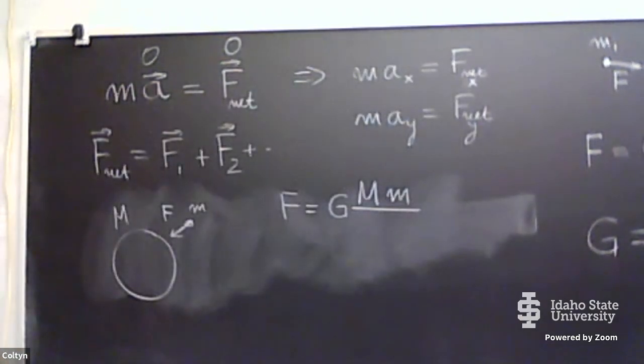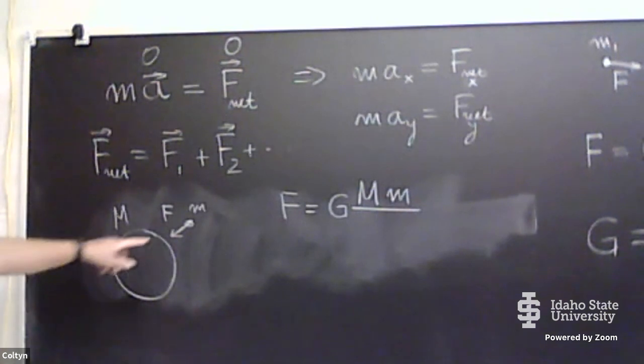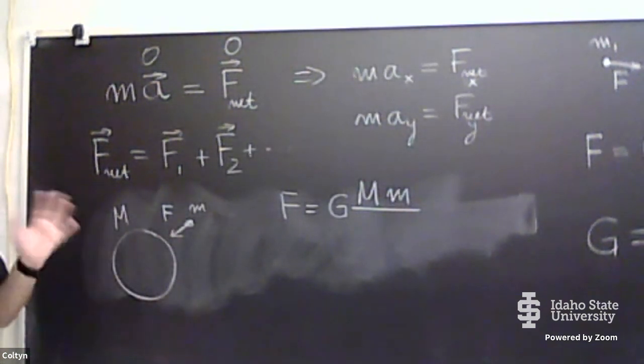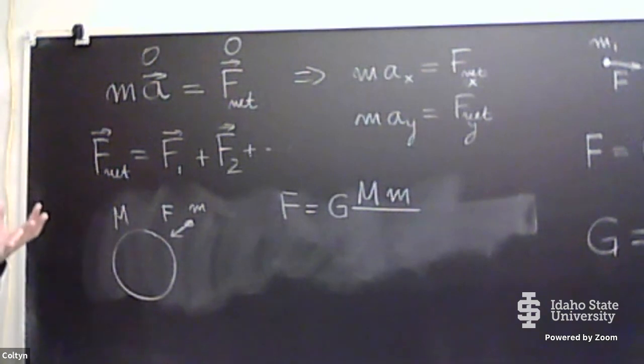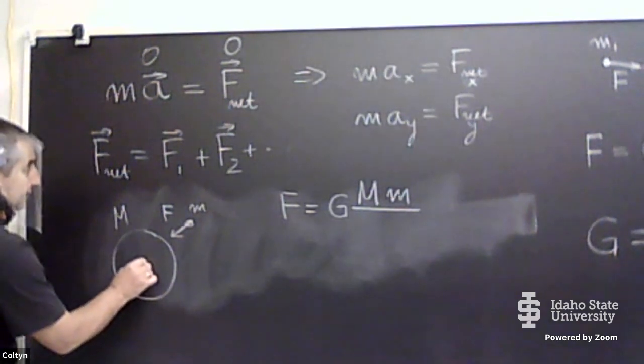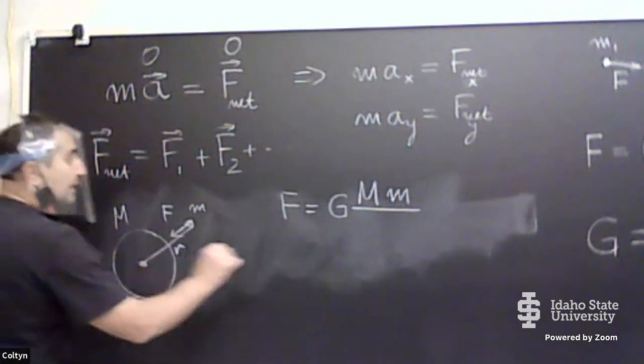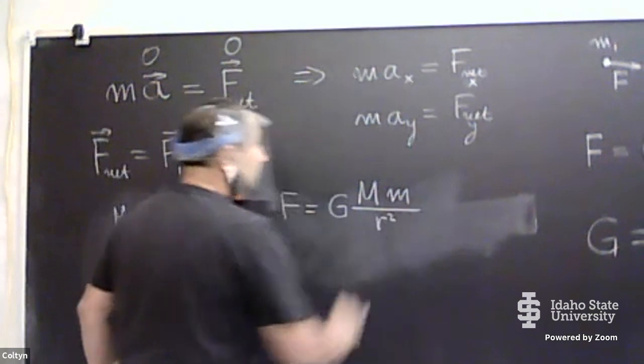Now, what is the distance between the planet and this small object? Well, since the planet is spherical, we have to use as the distance between the two objects the distance between the center of the planet Earth and the object. So this is the distance r that enters Newton's law of gravitation.